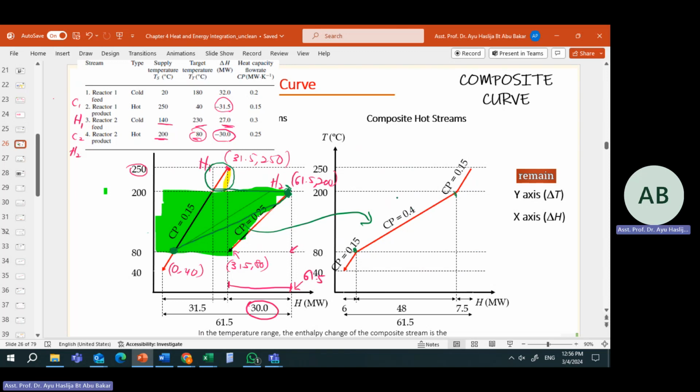How do we get 0.4? 0.5 plus 0.25, combining both streams. Any question?